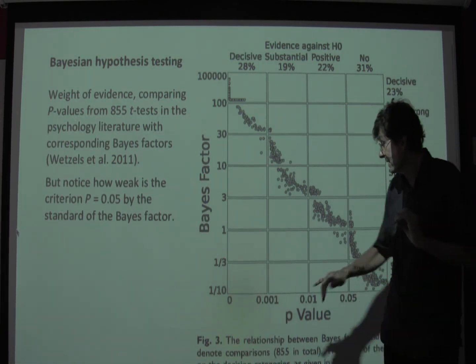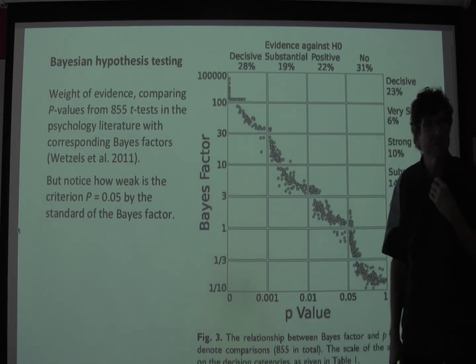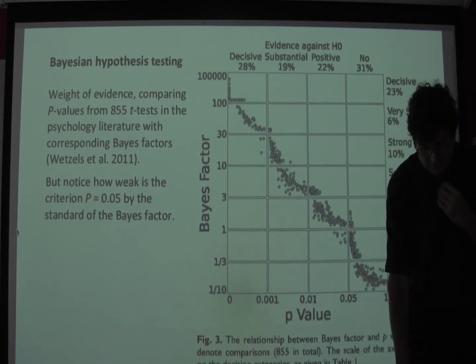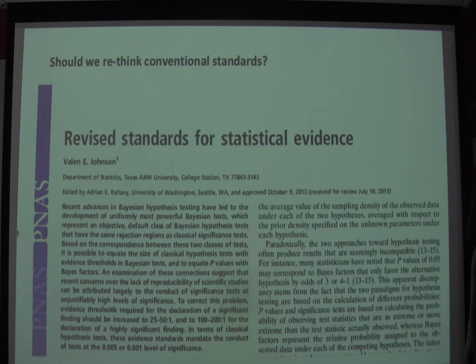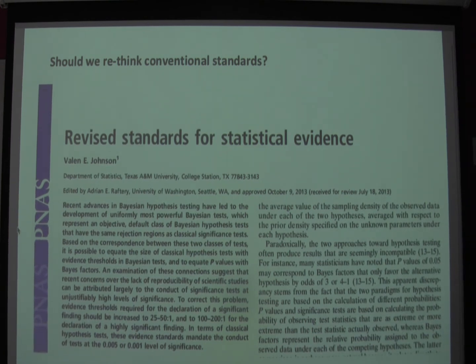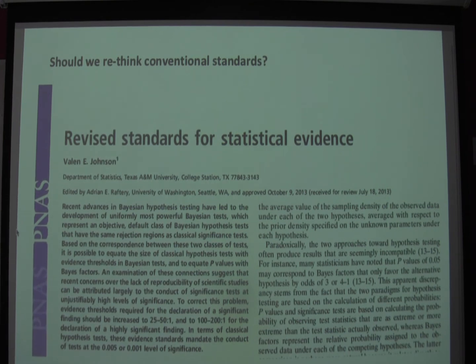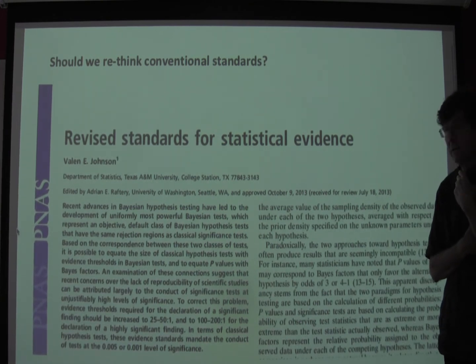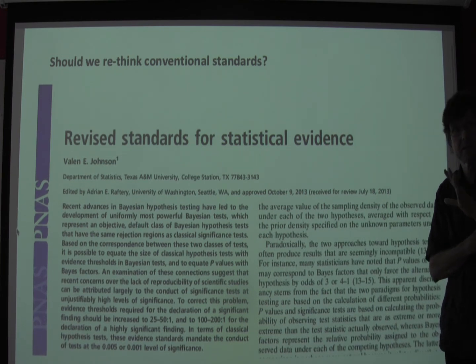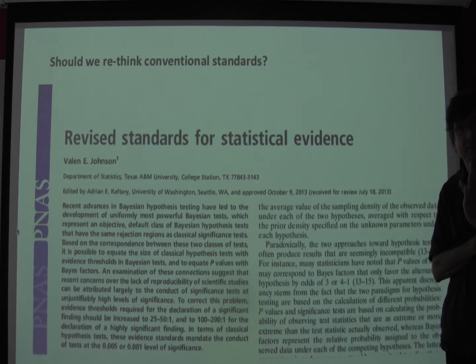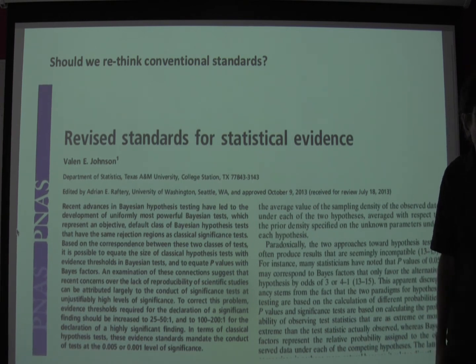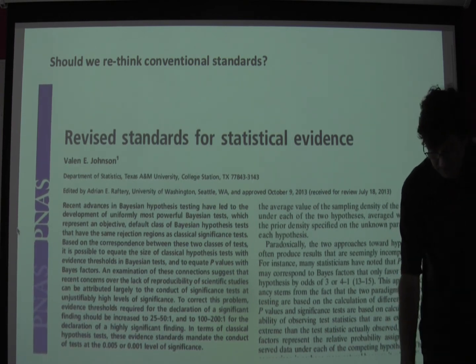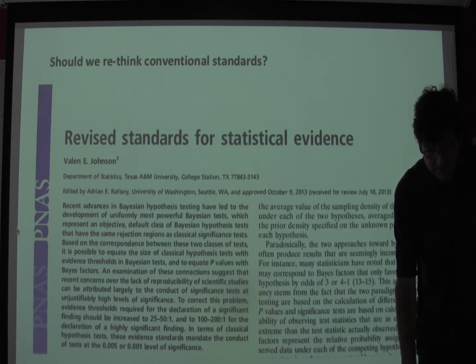What we'll try and do instead is convince everyone to use a different significance threshold. And so there are papers like this one, Revised Standards for Statistical Evidence, where we should either use Bayes factors, or if you're not going to use Bayes factors, you're going to stick with null hypothesis significance testing, use 0.001 or 0.005 as your cutoff, because otherwise the evidence is just too weak.